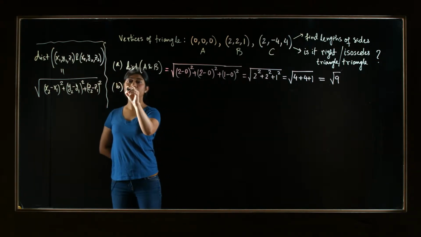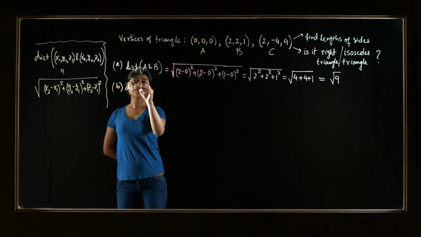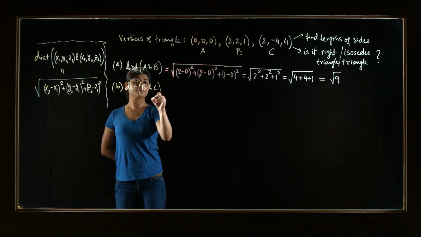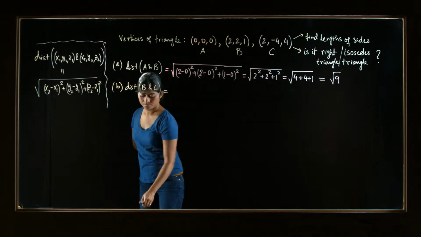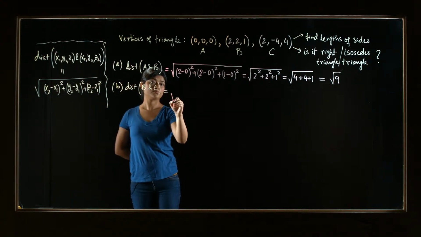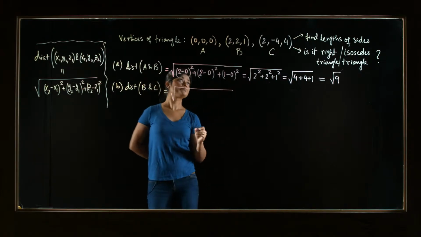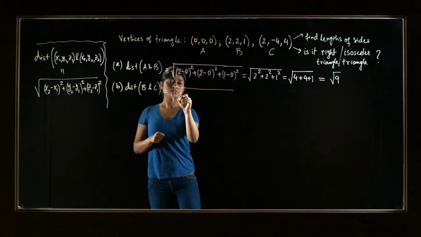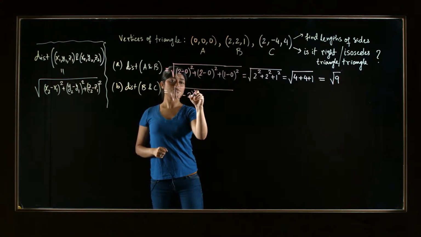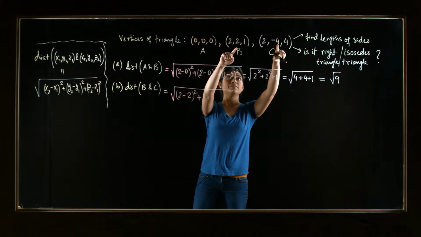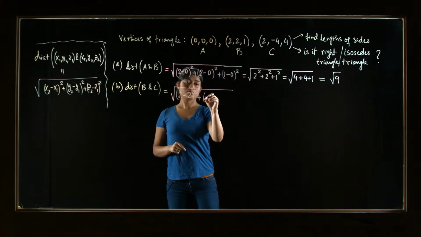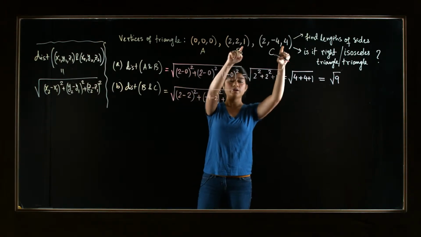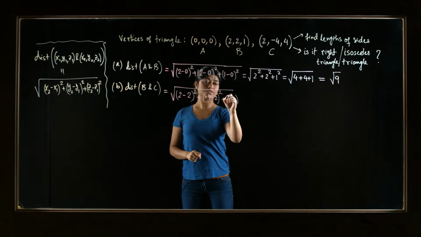Let's move on and find the length of the second side. Let's take the distance between B and C, those 2 points. Again, using the formula, look at B and C. The 2 x coordinates, they are (2 minus 2) square plus, we have (negative 4 minus 2) square plus (4 minus 1), those are the z.